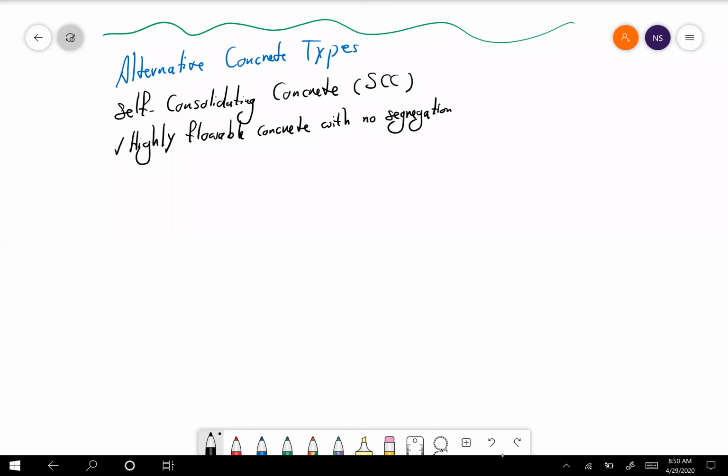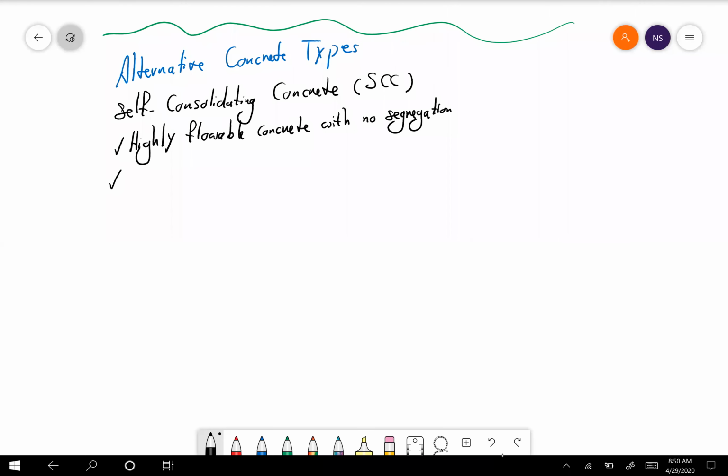Most of the time, if you have a fluid concrete, the aggregates start to segregate, but you shouldn't have segregation in self-compacting concrete.